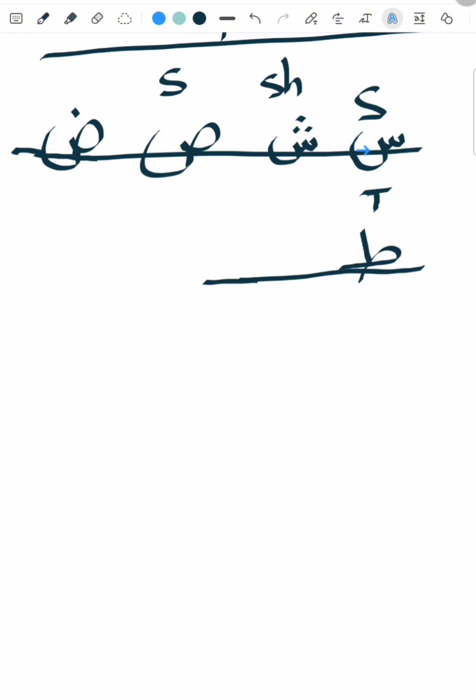All right, we got seen, seen. We got sheen, sheen, sad, dad. You might say dad same as dal, maybe a thick version though. Dad.